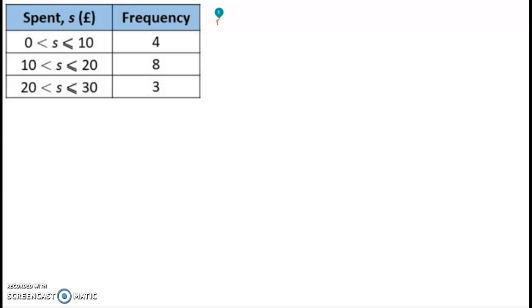To find the median class, we would use our formula to find the correct position, n plus 1 over 2. N in this question is how many people's spending was counted.